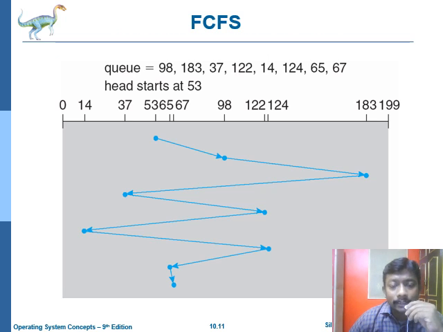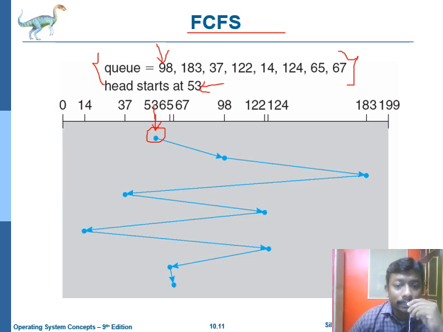Let us start with the first algorithm, which is called first come first serve. The queue consists of this data. The head initially points at the 53rd sector.